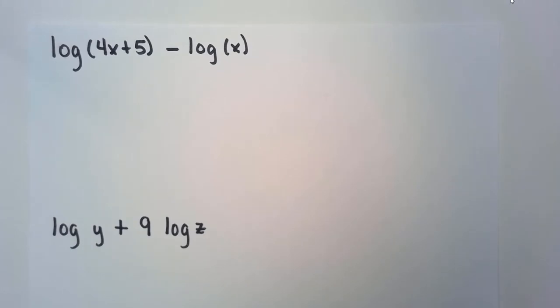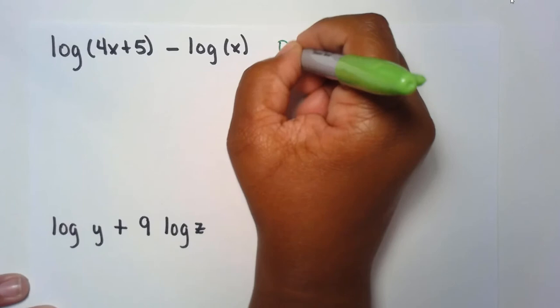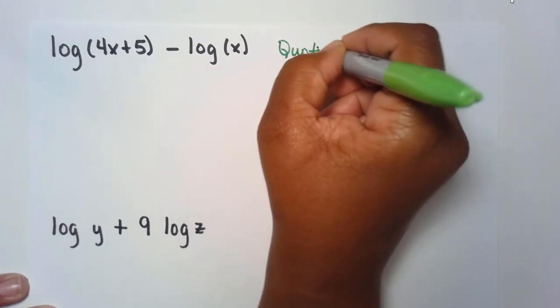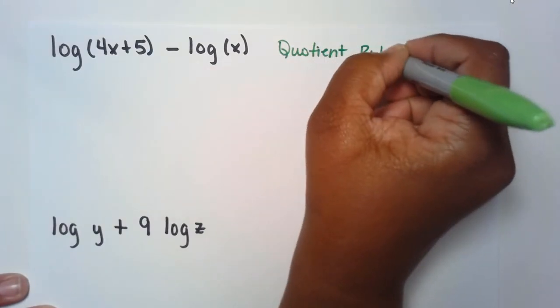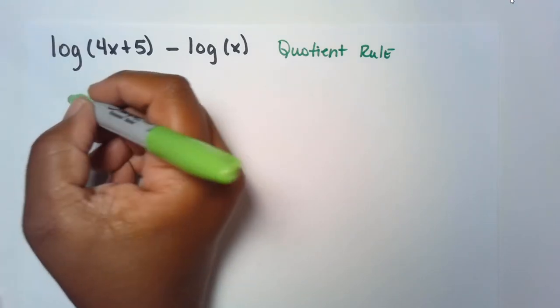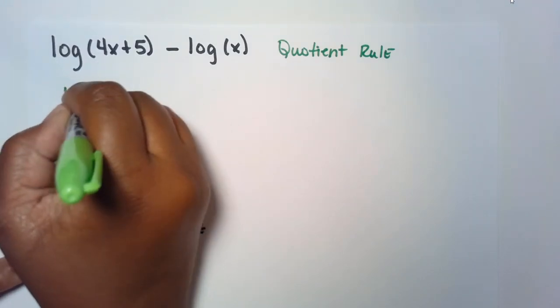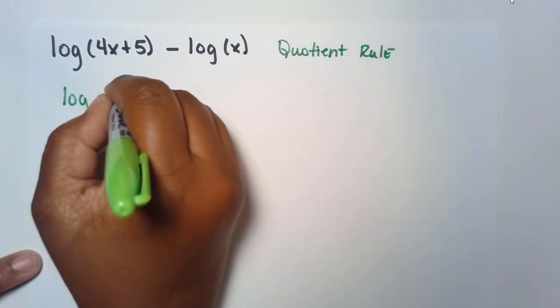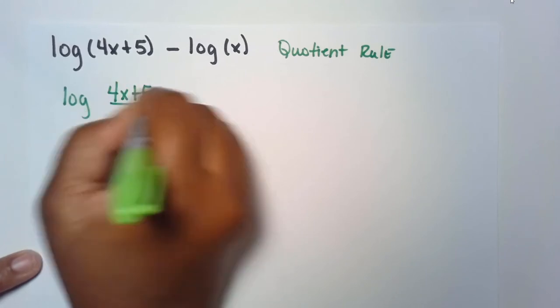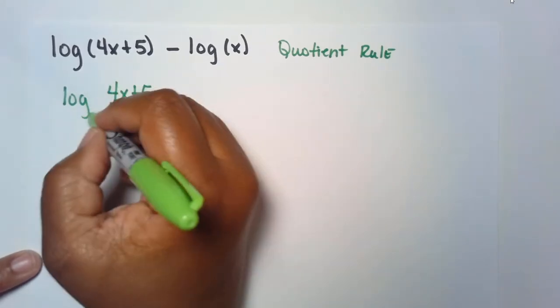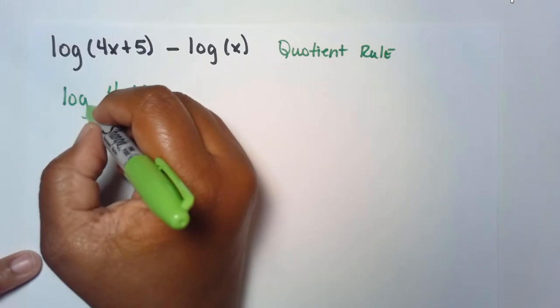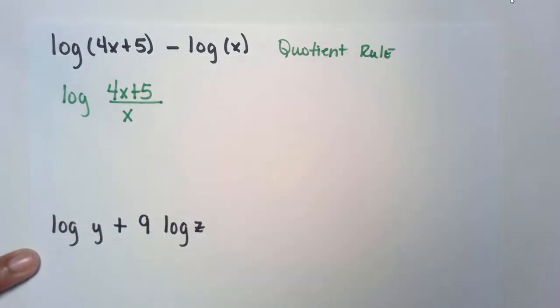So we have a subtraction sign, meaning we're going to use the quotient rule. And we will write this as log of 4x plus 5 all over x. Now remember, when there isn't a base there, it is understood to be 10.